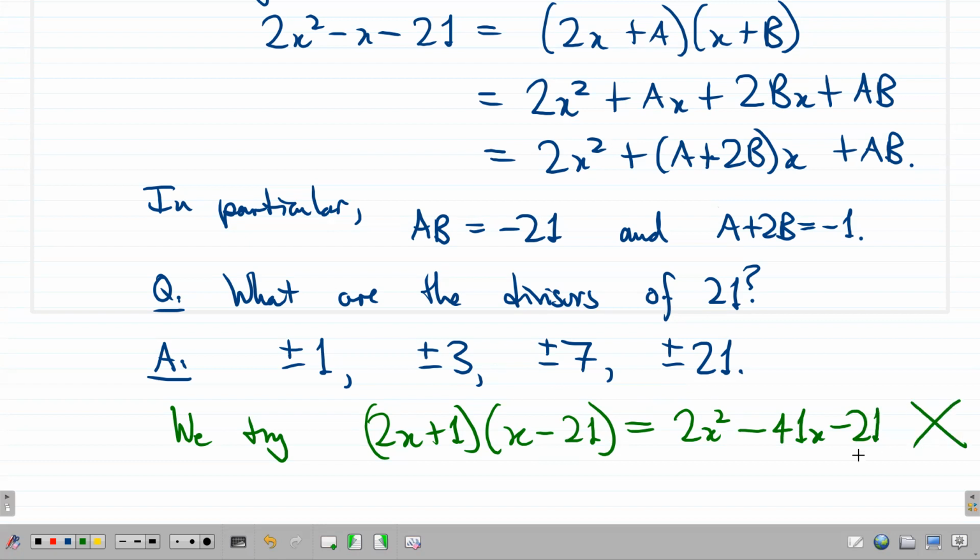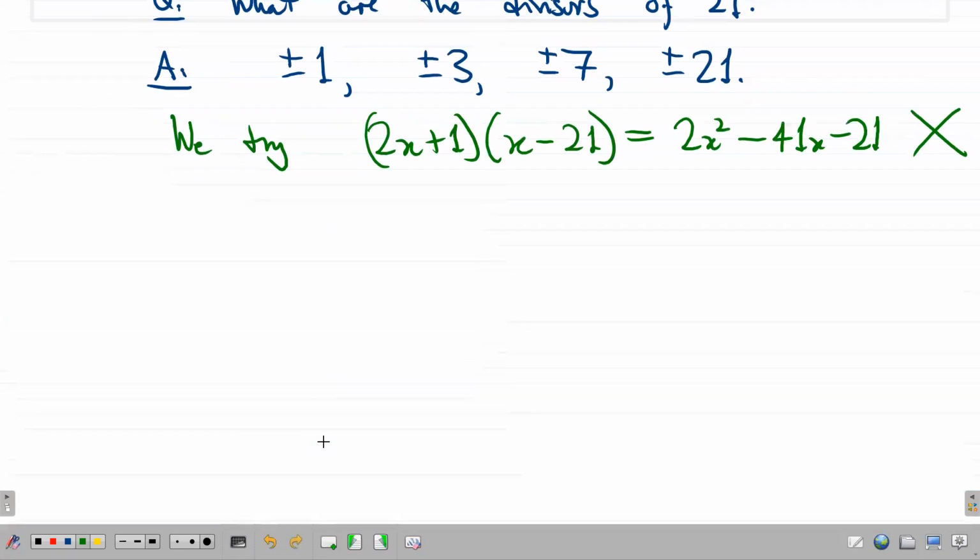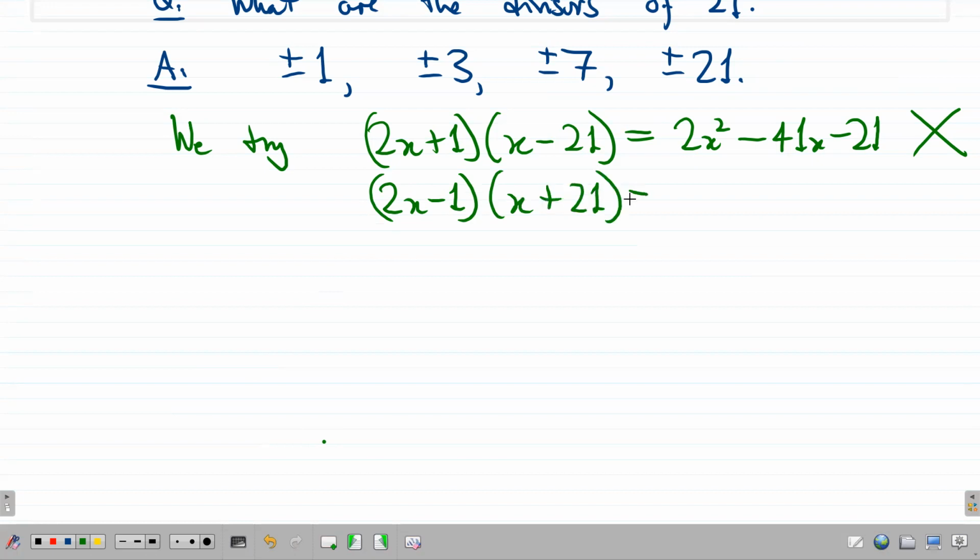That doesn't agree with our quadratic equation up there. So our first attempt didn't work. Never mind, let's try again. Instead of 2x plus 1, I could have 2x minus 1, in which case capital B has to be plus 21. So if you multiply that out, you get 2x squared plus 41x minus 21. Doesn't work.